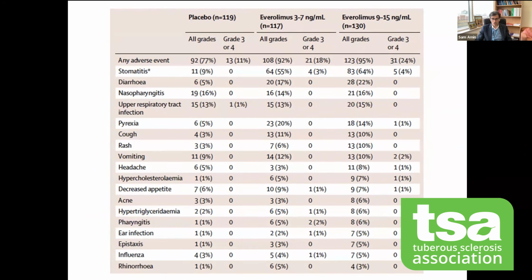Some of you may be already taking this drug and are familiar with the side effects. As you can see, there are a lot of side effects, but I think it's fair to say that most of these side effects are manageable and they can be transient. I think it's rare to stop everolimus purely because of side effects.